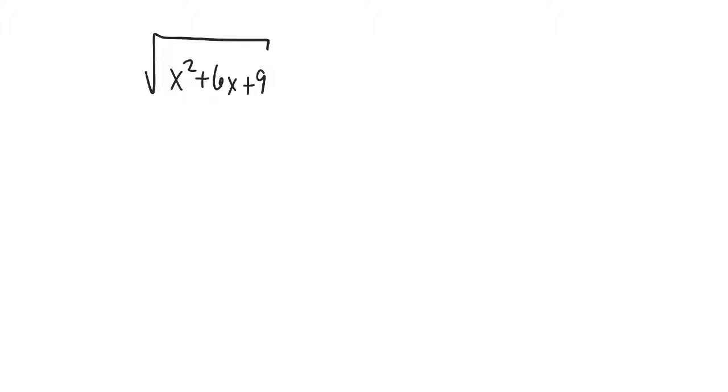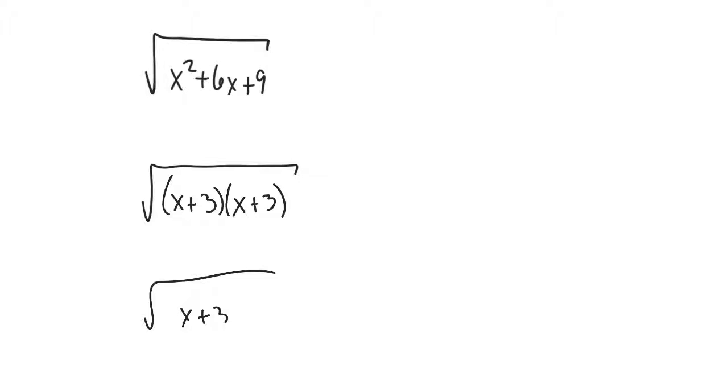So if I want to just simplify this, I would start by thinking, how can this become a perfect square? Well, it happens to be factored into x plus 3, which is just x plus 3 quantity squared, right? So what does this really become? What goes on the outside of the answer?